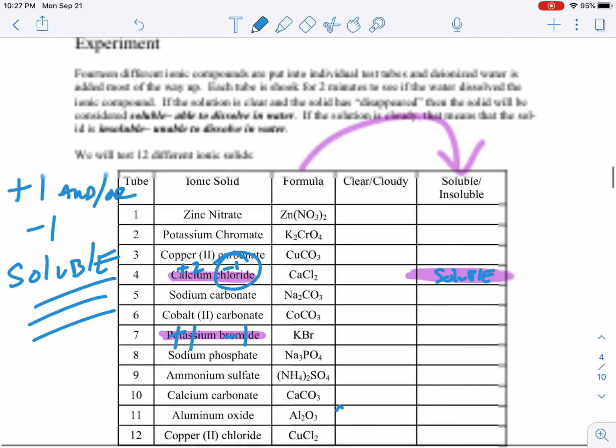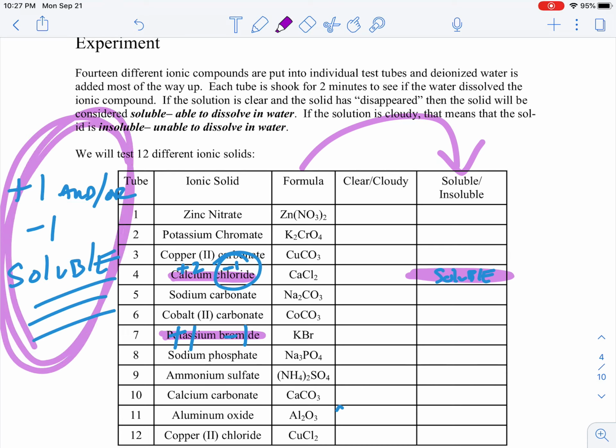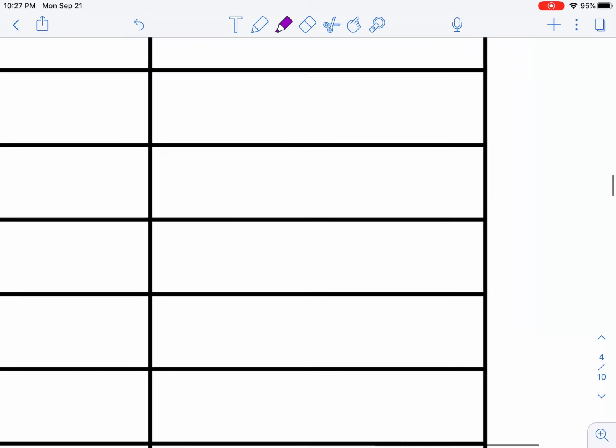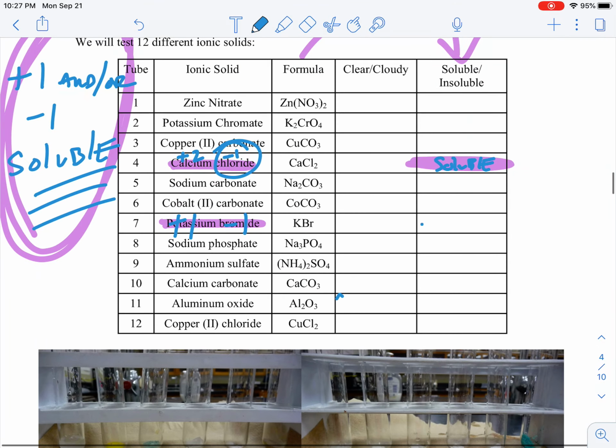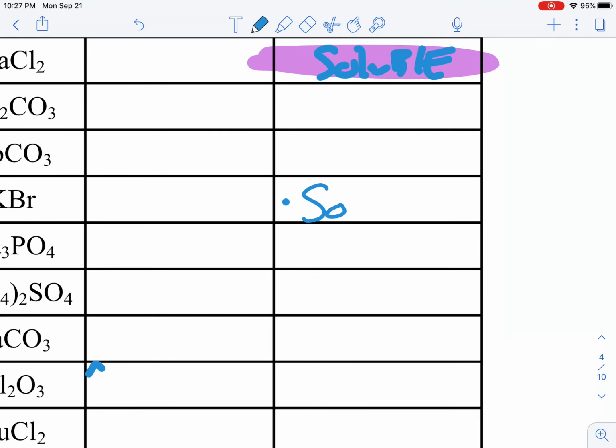And I ask myself, does it have a 1 in it? Because if it has a 1, plus or negative, if there's just one in there, it's going to dissolve. And by George, it does. It's got two of them, so it's really going to dissolve. So yes, this will be soluble.